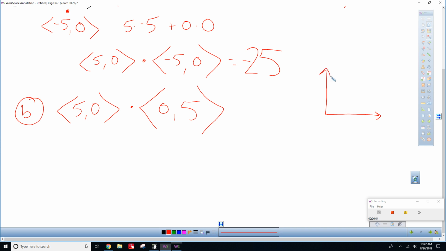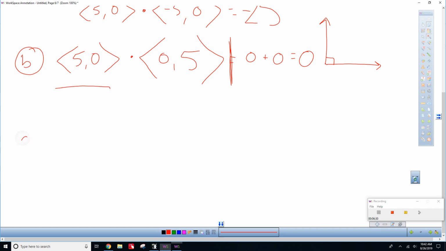And the answer is 0. 5 times 0 is 0, plus 0 times 5 is 0, and the answer is 0. So if you get an answer that's 0, that means they have no components in common. This one is all horizontal. This one is all vertical.